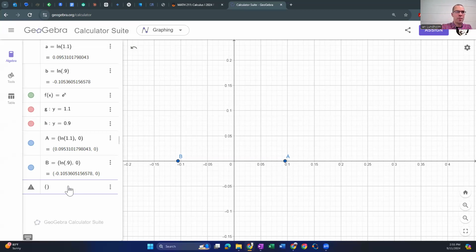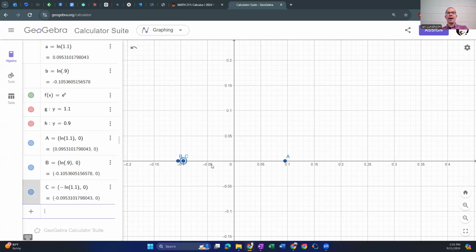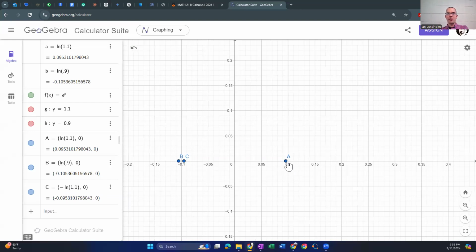Let's go ahead and make another point here and do the opposite of ln of 1.1. There we go, that's better. So notice that if I mirror this one over on this side, now we get this new point C that is a little bit tighter in than B.